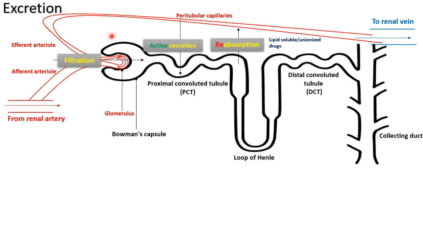Active tubular secretion, as we mentioned before, is the movement of the drug from the peritubular capillaries into the tubules of the nephron. Let's have a look at it.